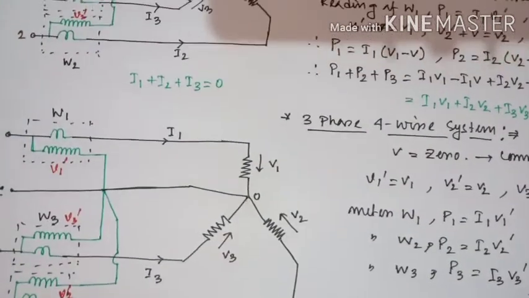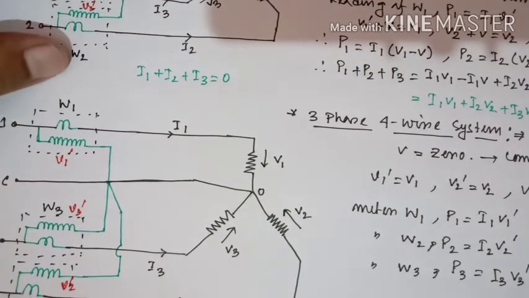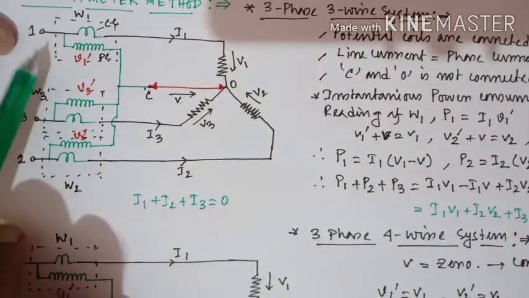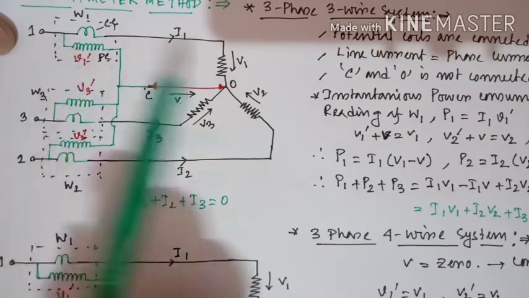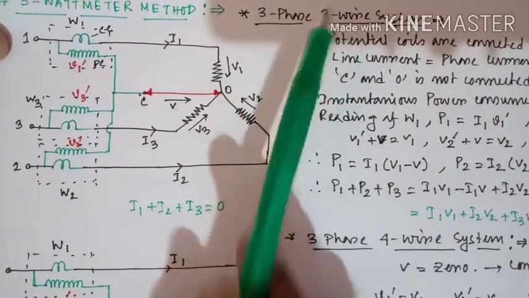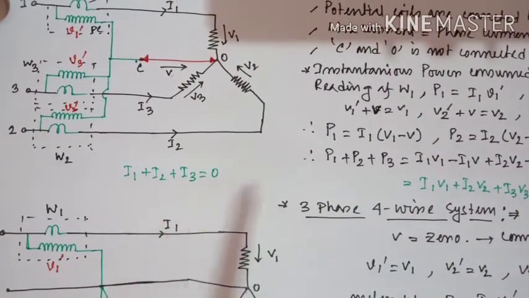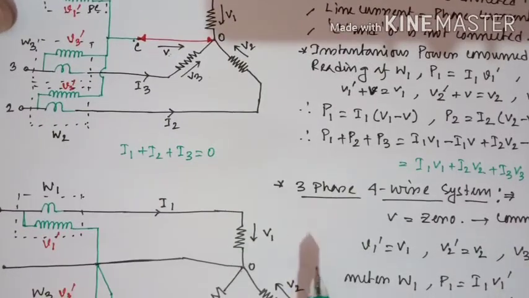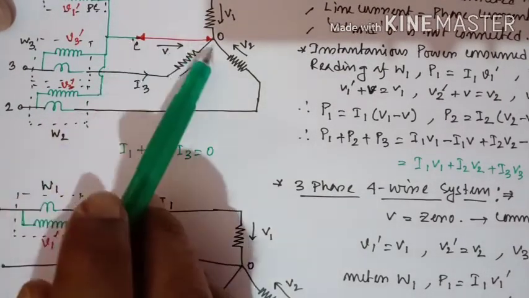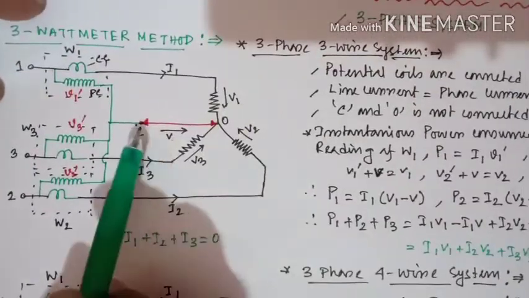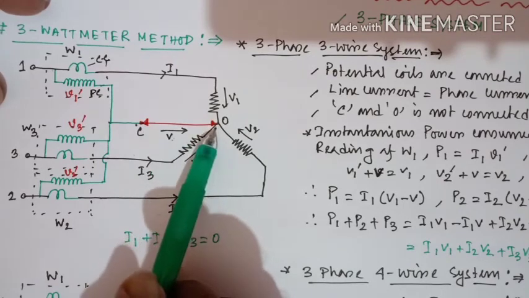So in this way, from this diagram, we can measure power consumed by a star connected three-phase system when the wattmeters have been connected by the 3-wire connection method, or it can be connected by the 4-wire method. So in both cases, only one difference we need to remember. The difference is, in case of 4-wire, the common and neutral point is connected. In case of the 3-phase 3-wire system, common point and neutral point were not connected.